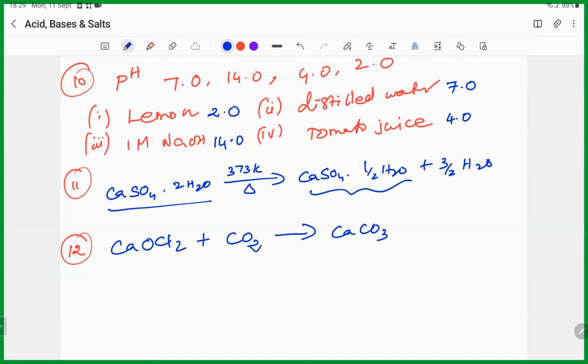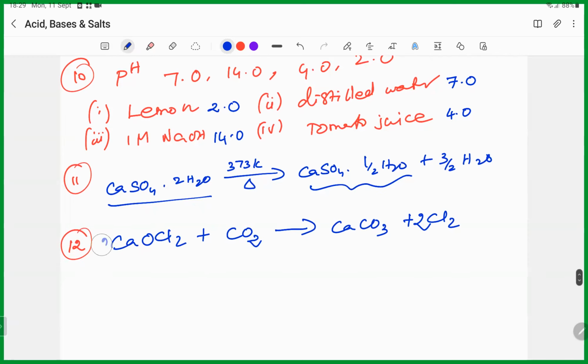After some time, it becomes white in color, and then it can release the chlorine gas, which is a real disinfectant. So it kills that. No need to balance. All are balanced. Okay. So this is the gas.